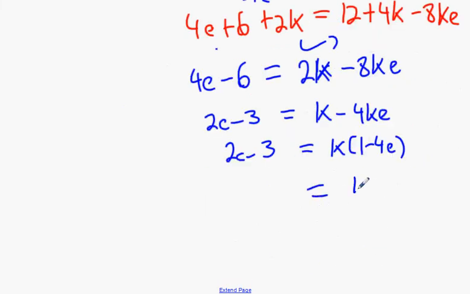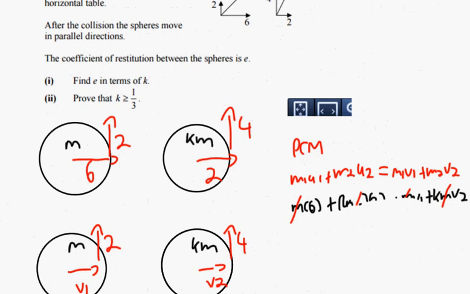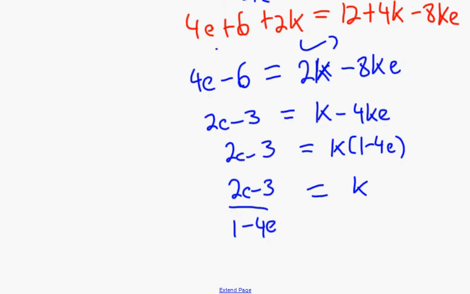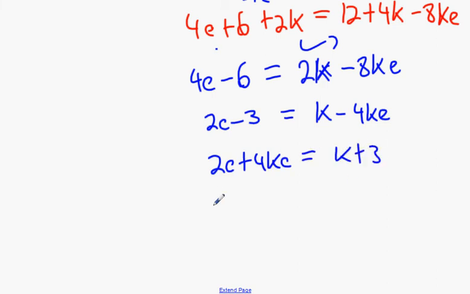Divide by the 1 minus 4e underneath. Oh, sorry, am I finding e on its own or k on its own? Ah, e on its own. Nearly there. Instead of finding k on its own, I'm going to put the e's onto one side. So it's 2e plus 4ke equals k plus 3.